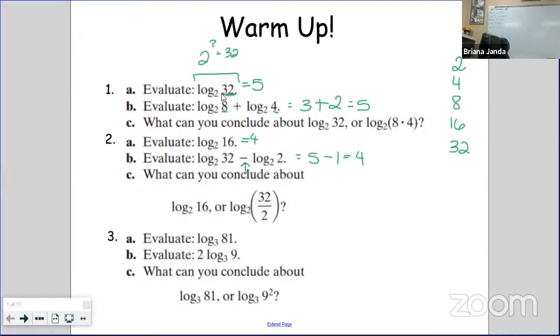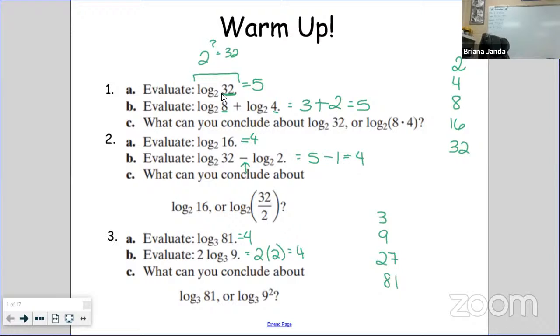Similarly, down here is your power property that we're going to see. I don't have my 3's listed, so let's go. 3 squared is 9, times 3 again is 27, times 3 again is 81. And if I were then to think about, okay, 3 raised to what gives me 81? First, second, third, fourth. Okay, what if I put a 2 out front of log base 3 of 9? Log base 3 of 9 would be 3 squared, also 2.